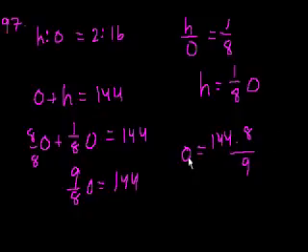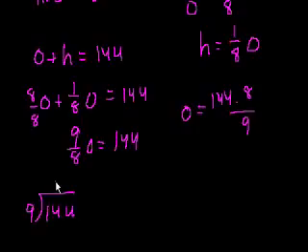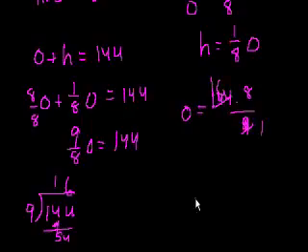Does 9 go into 144? I think it should. 3 definitely does. This is 12 times 12, so 3 will go into 144 48 times. 9 goes into 144 16 times. So this is equal to 16 times 8/1, which is what?